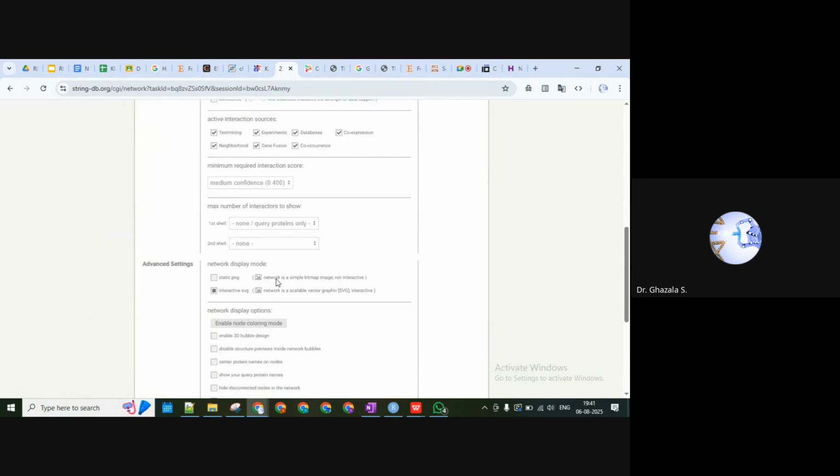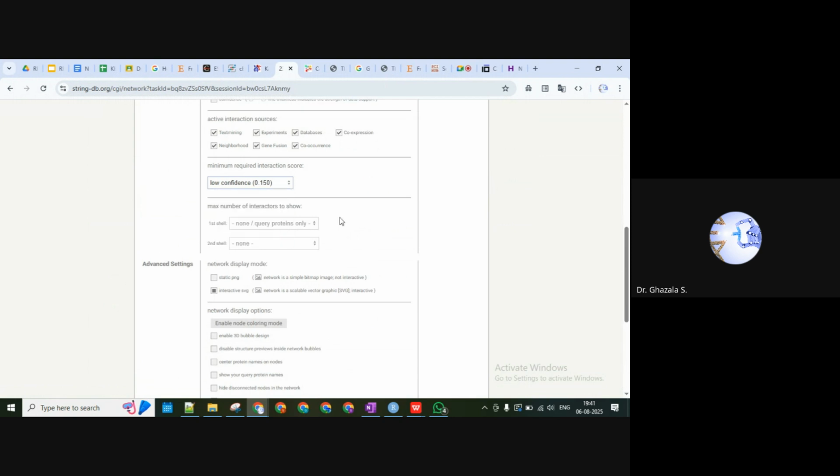So within STRING we will try to modify first. Let's take the confidence level to the minimum we can. It is not bad to go for low confidence, and there is also an option to customize the value because we can go even lower than this, just to understand how they are related to each other.